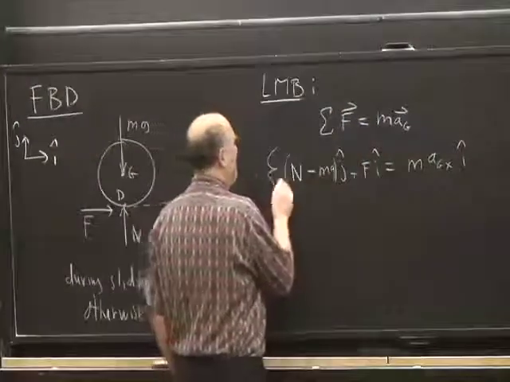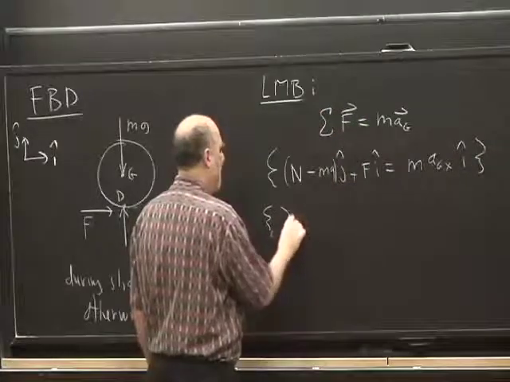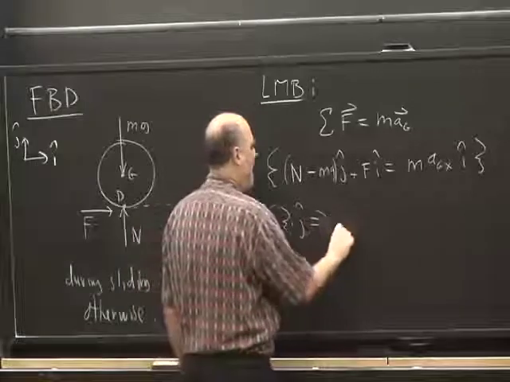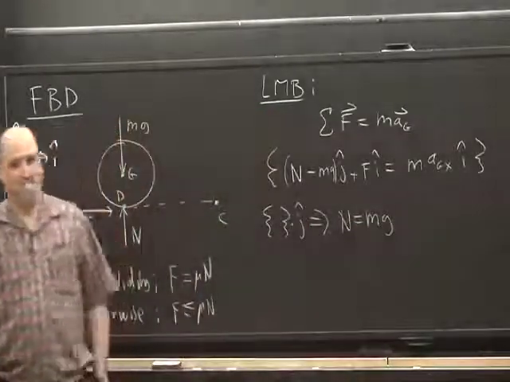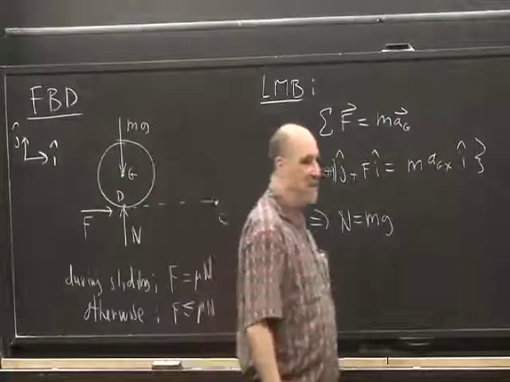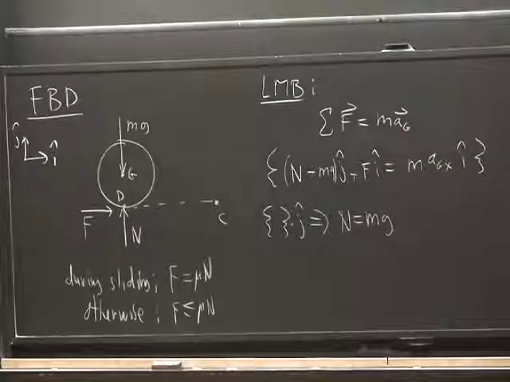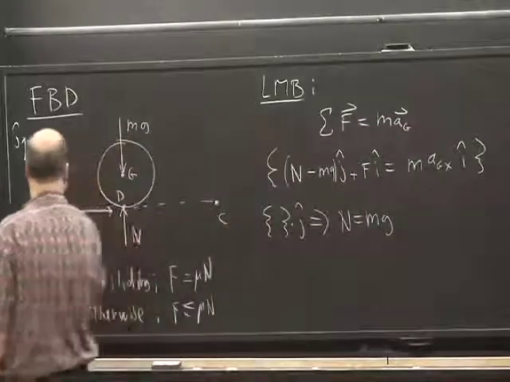If we take this equation and dot it with j, we get the intuitively obvious result that N is equal to mg. It's not accelerating up or down, so the bowling alley is holding the weight of the ball whether it's spinning or not. Okay, now we know N is equal to mg.